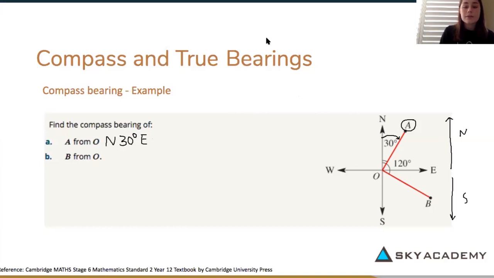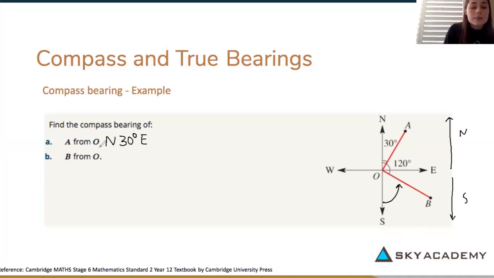Now let's have a look at B from O. Firstly, I'm going to figure out my point of origin. Am I in the north half or am I in the south half? I'm in the south half, so I need to figure out how far B is south.